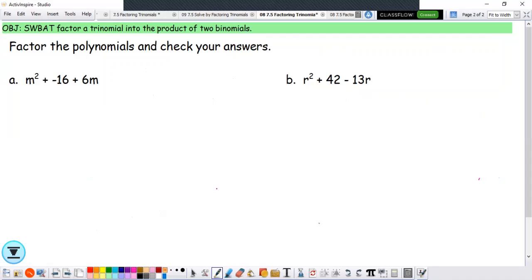Let's take a look at two more. We would need to rewrite m squared plus 6m minus 16.